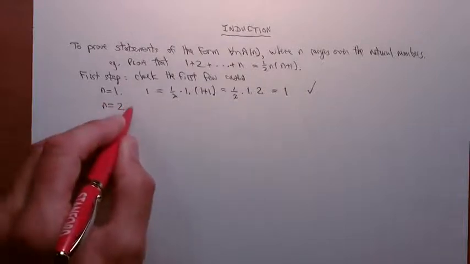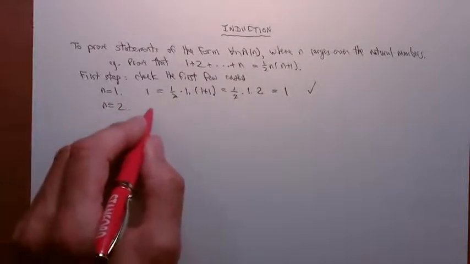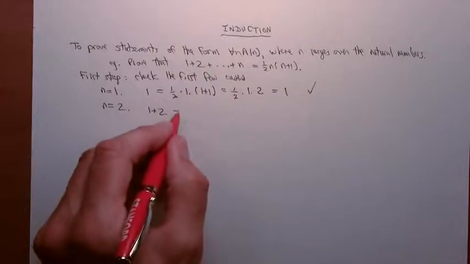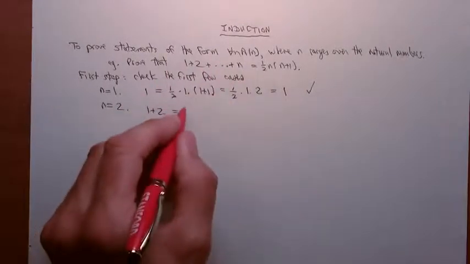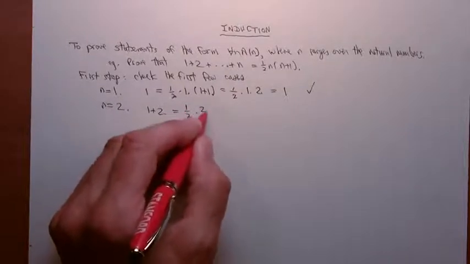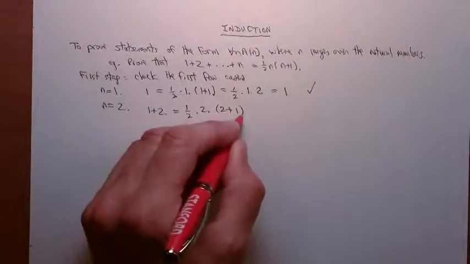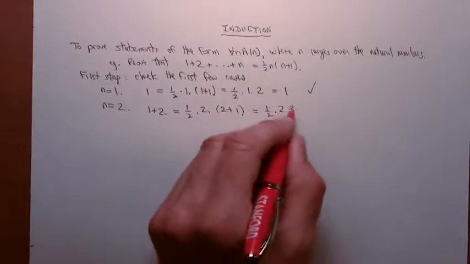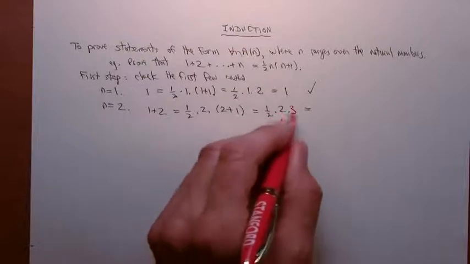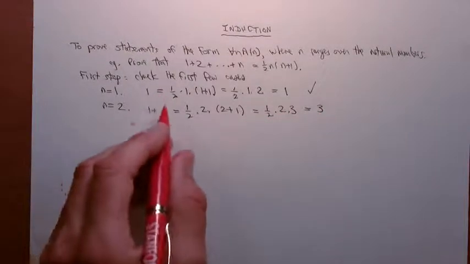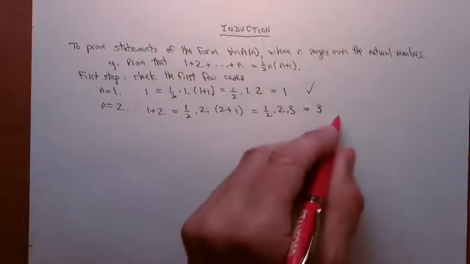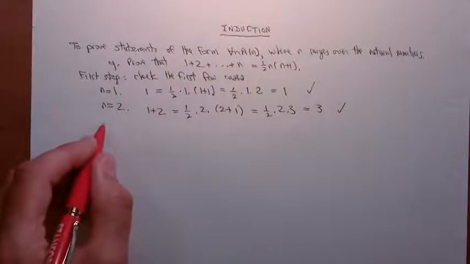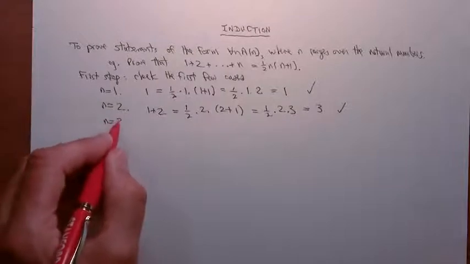In the second case, n equals 2, what do we have? We have 1 plus 2 as the left-hand side, equals, putting n equals 2 here, a half times 2 times (2 plus 1), which is a half times 2 times 3, so we've got 3, and 1 plus 2 does equal 3. So the formula is correct for n equals 2. We might want to try n equals 3.